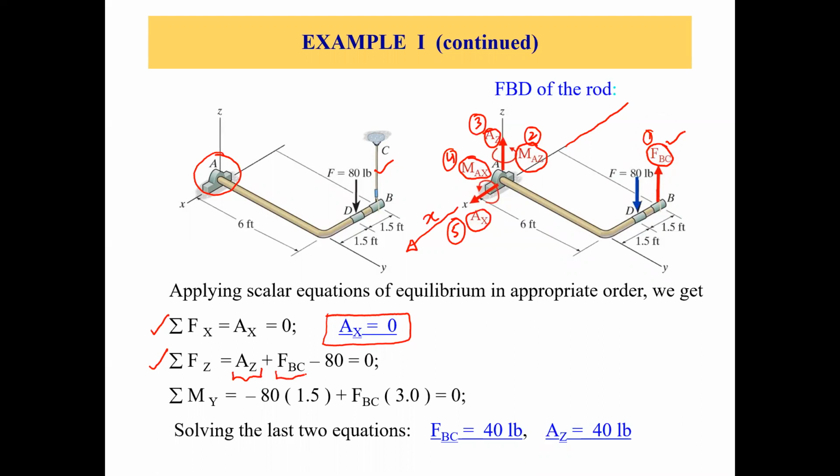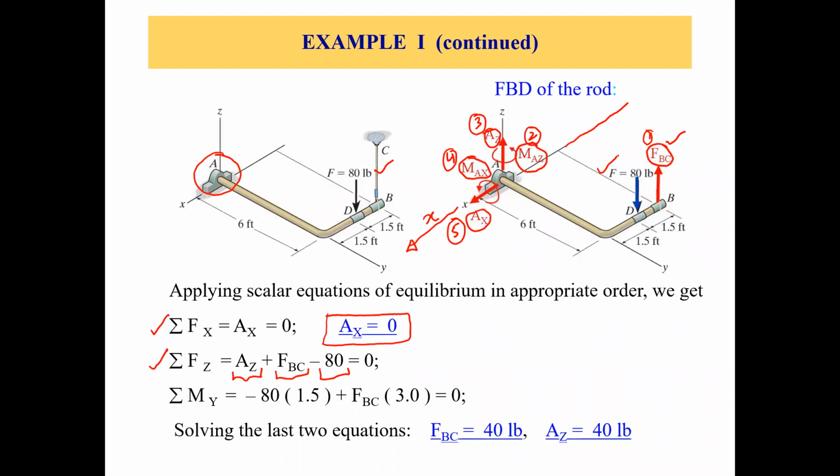And then we have a negative 80 because this 80 pounds force is acting downwards, which is negative z direction. So we get this equation: A sub z plus FBC minus 80 equals 0. So we are done with these two equations.